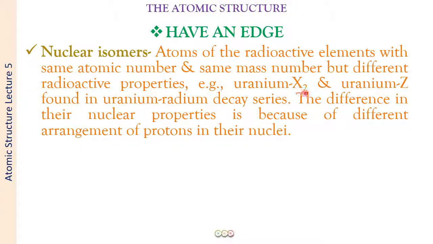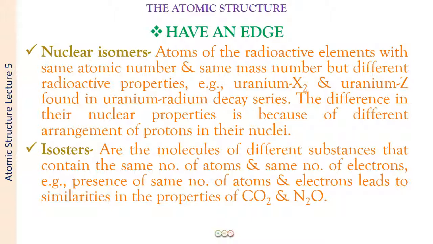For example, we have uranium X2 and uranium Z, which are found in the uranium-radium decay series. And the difference in the nuclear properties is because of the different arrangement of protons in the nuclei, right? So nuclear isomers have the same atomic number, the same mass number, but the radioactive properties are different.